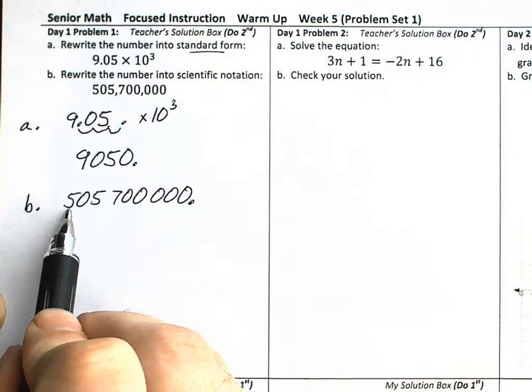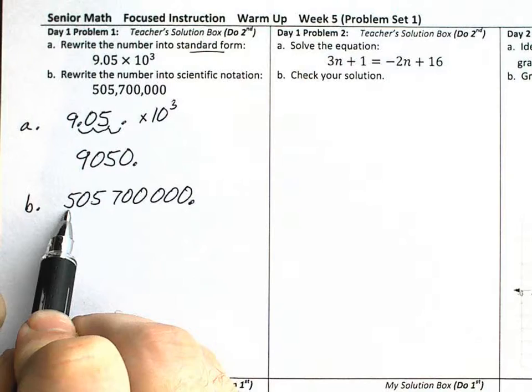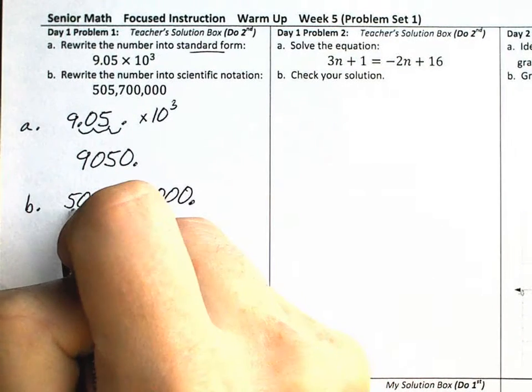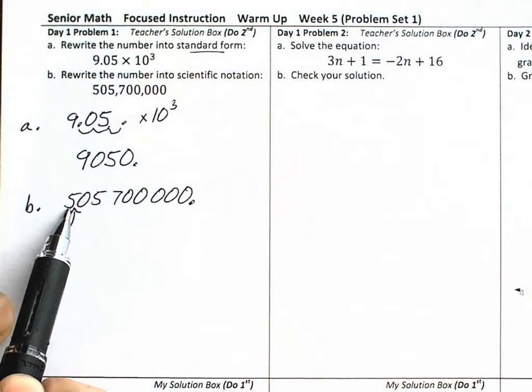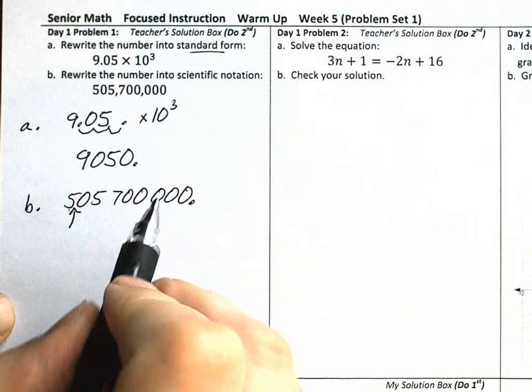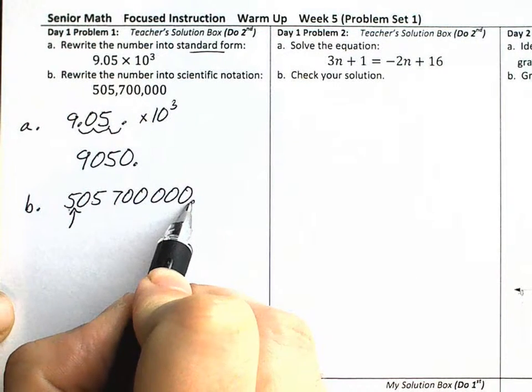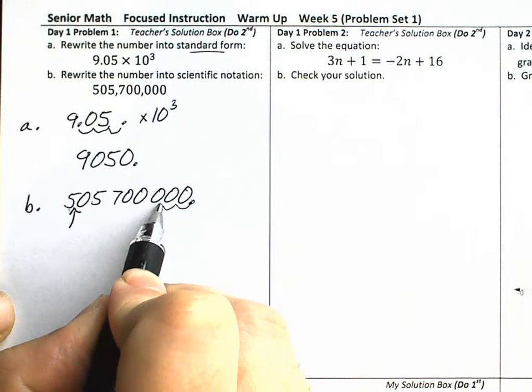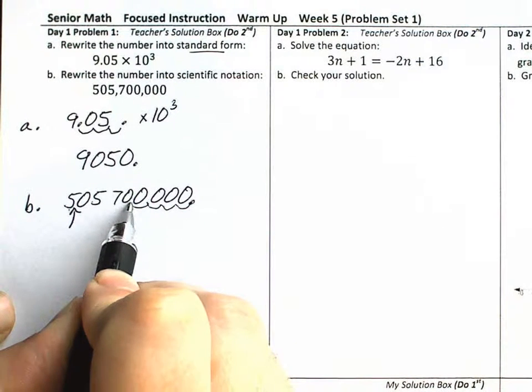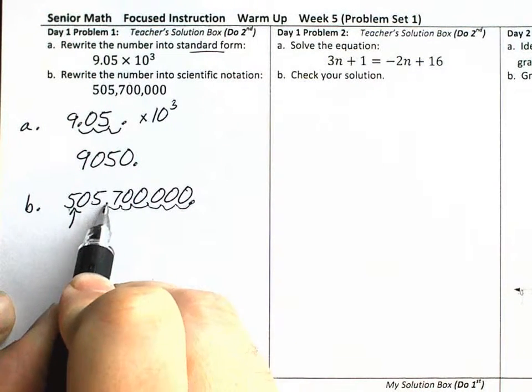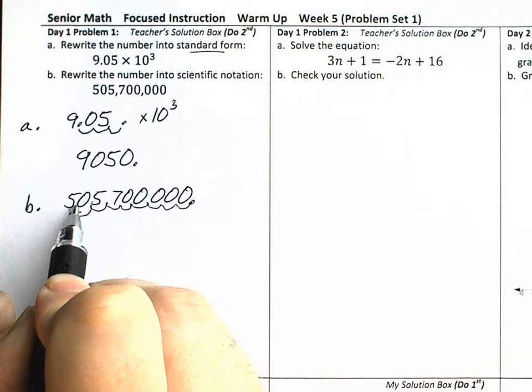To do that, we want to have only one number to the left of the decimal point, and so let's put the decimal point here, so that the number 5 is to the left of the decimal point. Let's count how far we need to move it. 1, 2, 3, 4, 5, 6, 7, 8 spots.